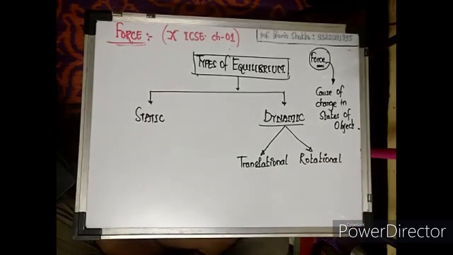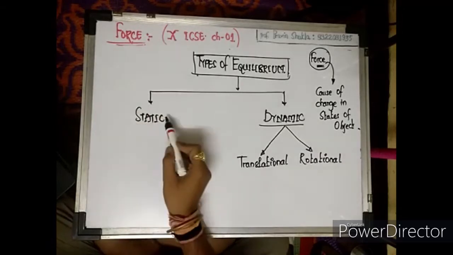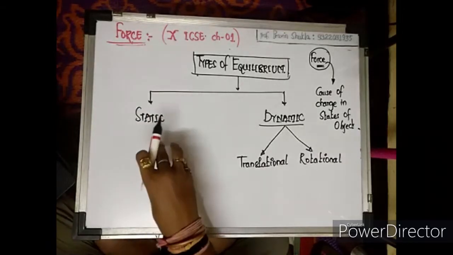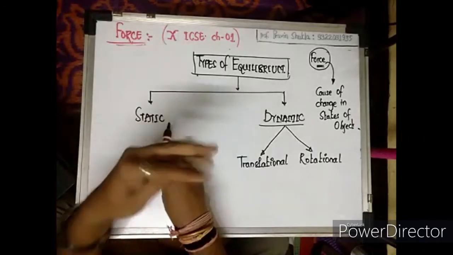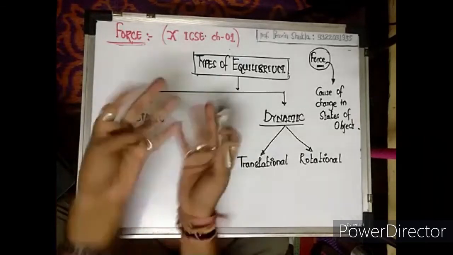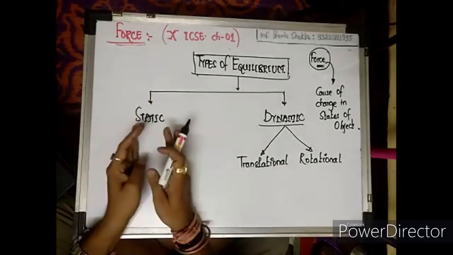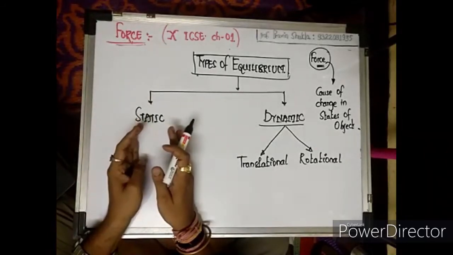So equilibrium is of static type when there is no motion and the object is at rest. Forces are acting, but they get nullified, because of which the state of rest does not change. Then I will say it is static equilibrium.